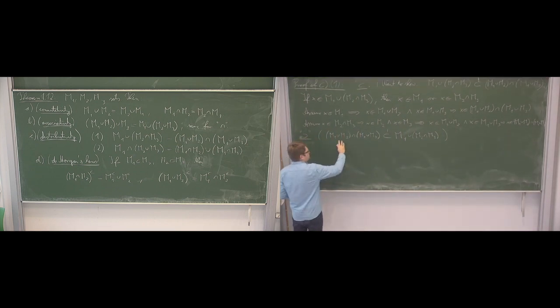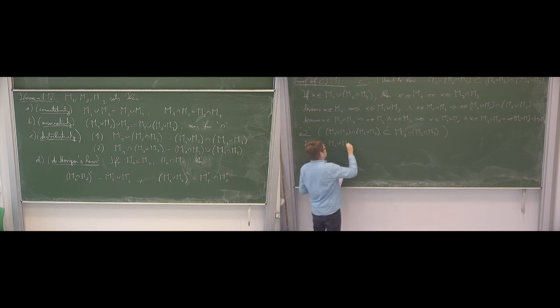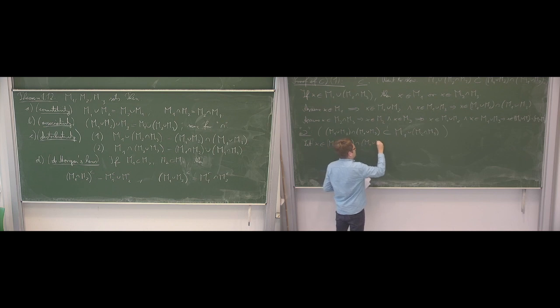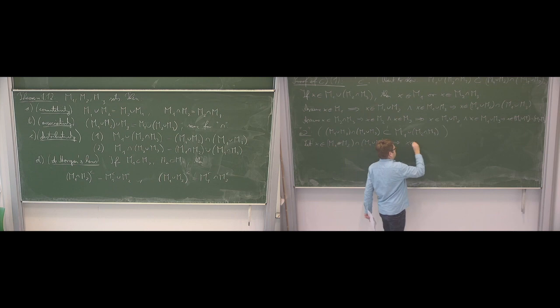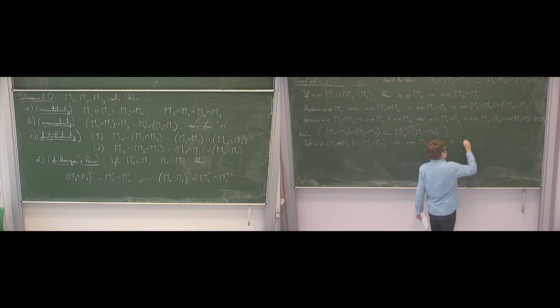Now we take an element of this set here, so x in M1 union M2 intersected with M1 union M3. So this means that x is in M1 union M2 and x is in M1 union M3.